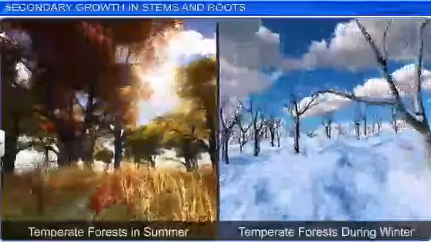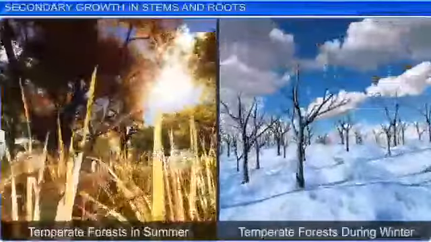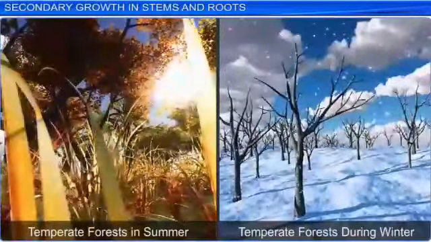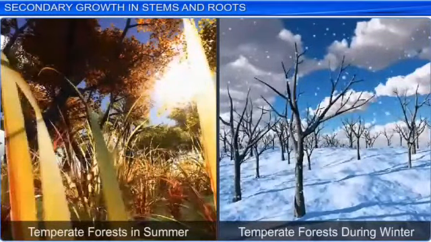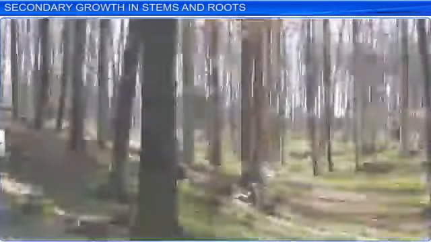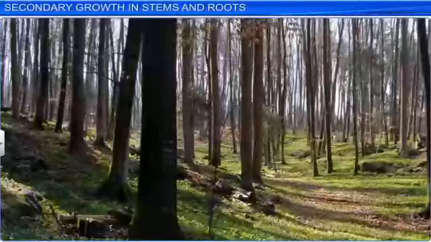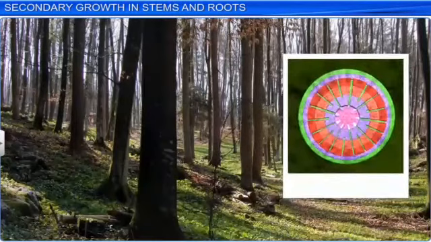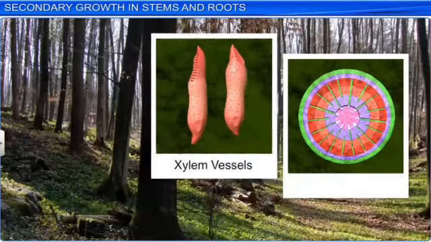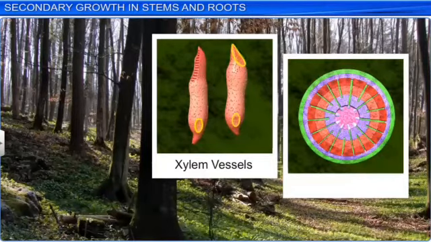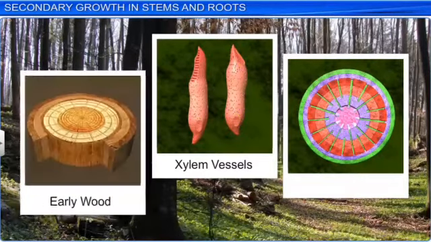Consider the example of the temperate regions, where climatic conditions are not uniform throughout the year. During spring, when the cambium is active, it produces a lot of xylary elements with vessels that have wider cavities. Wood formed during this season is called spring wood or early wood.